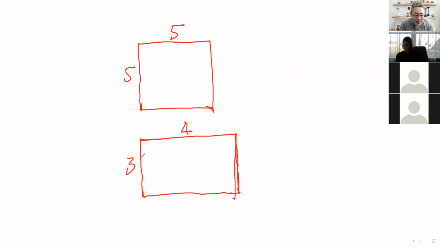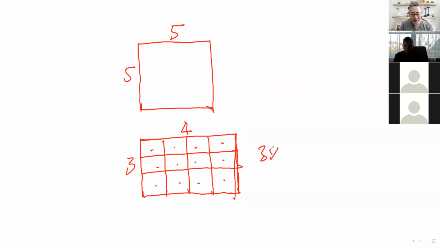Well, you can see we can cut it down like that. Then we got that. So therefore, we got 1, 2, 3, 4, 5, 6, 7, 8, 9, 10, 11, 12. So it's 3 times 4, giving 12 unit squares. So that would be inch squared. Really doesn't matter, depends on what we have here.